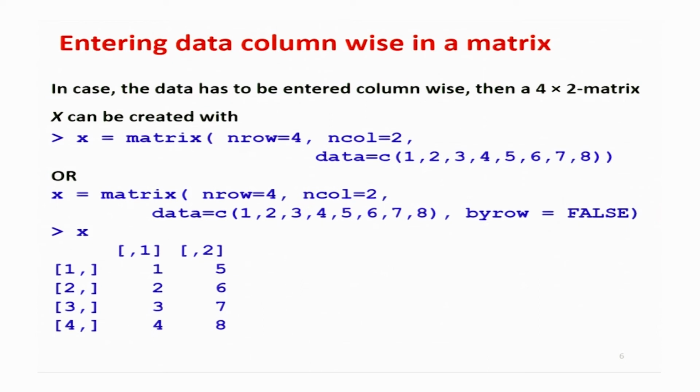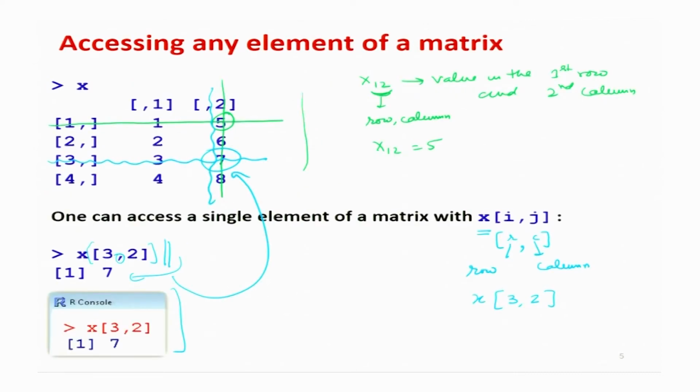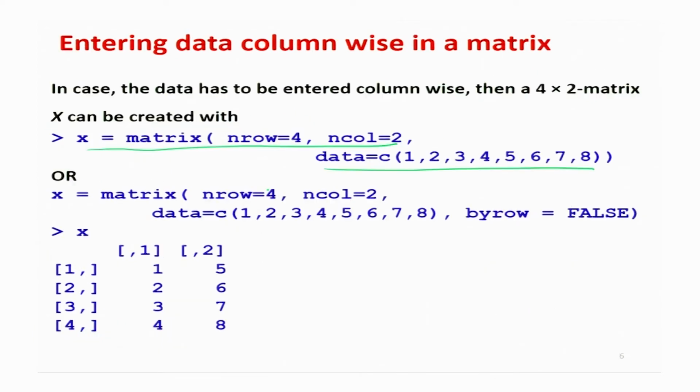Okay. Now you have seen that when you define a matrix in this particular way, the data is entered column wise, like 1, 2, 3, 4 and then 5, 6, 7, 8. Now my objective is that suppose I want to enter this data row wise. How should I control it?